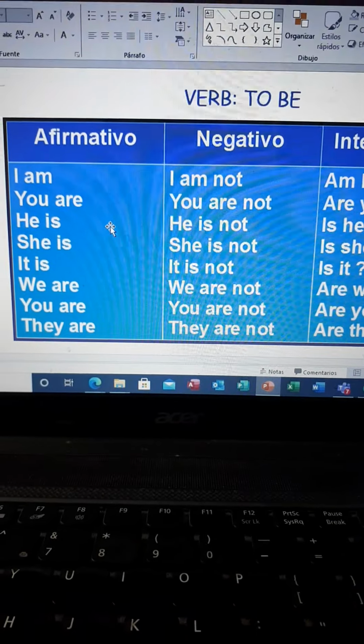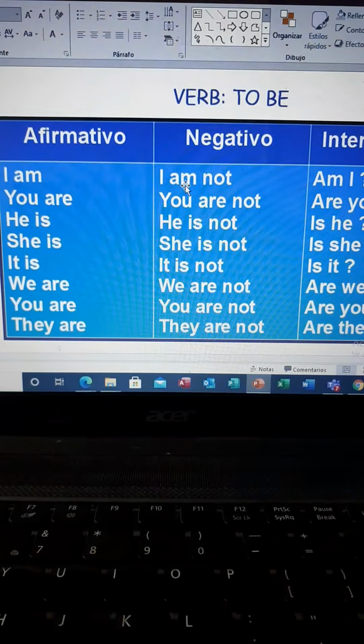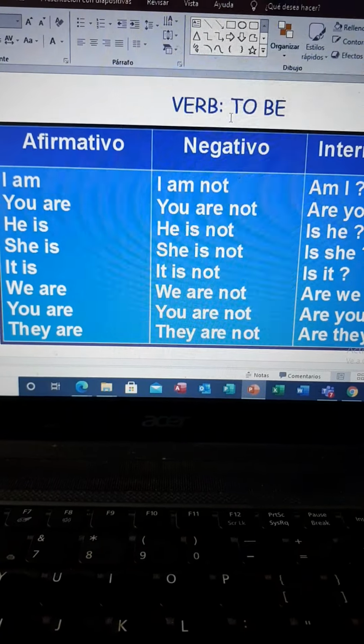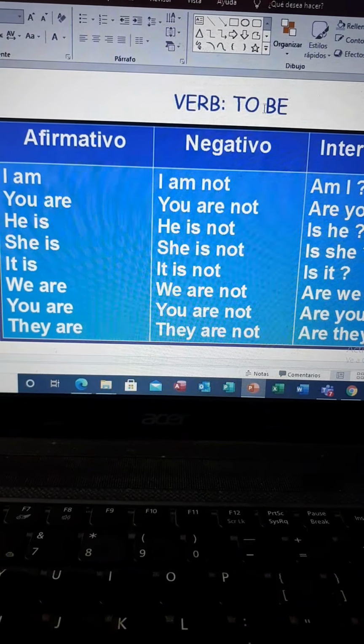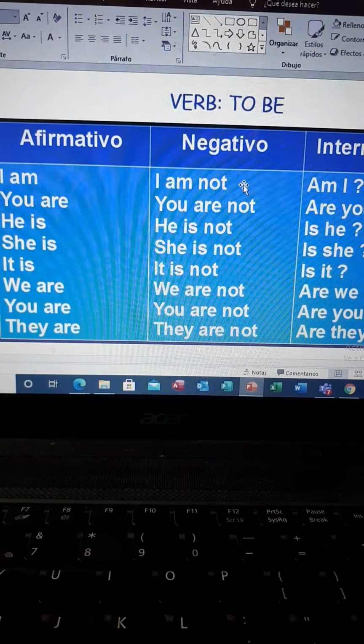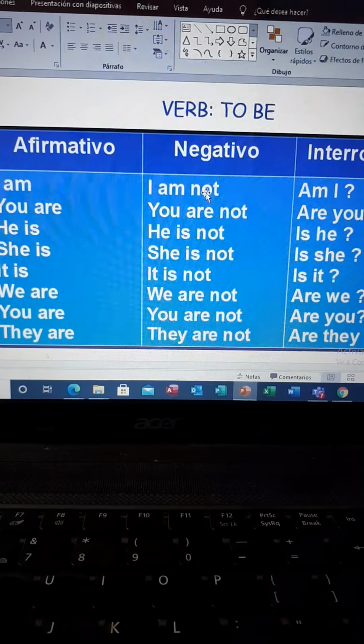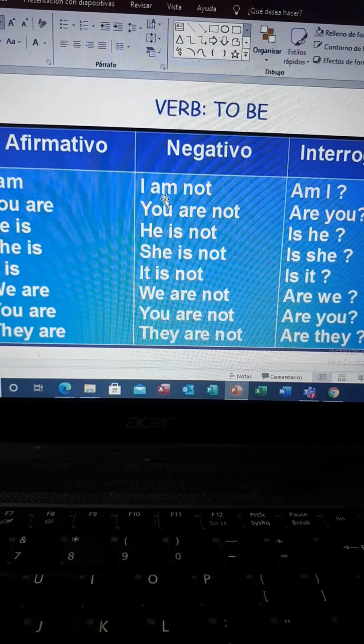If you are going to use negative, well, the negative always goes in the auxiliary, okay? Remember that the verb to be works as an action and also as an auxiliary. So the negative form is not, okay? N-O-T, not. And we're going to use it after the auxiliary, okay?